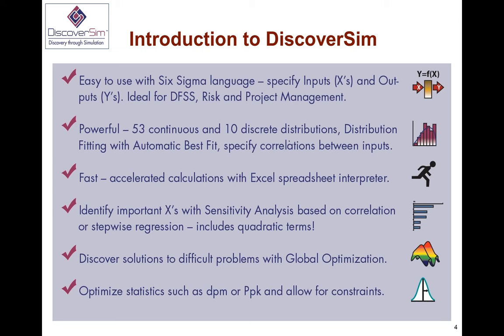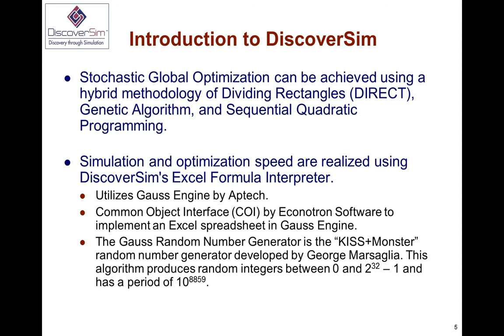Sensitivity analysis is included so that you can identify your important x's. Global optimization allows you to solve difficult problems and allows you to optimize statistics such as process capability. We have various techniques to do global optimization. These include dividing rectangles, a genetic algorithm, and sequential quadratic programming.